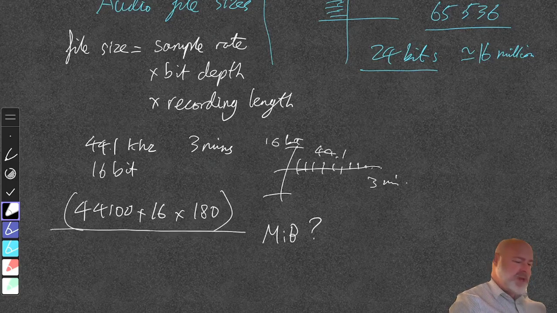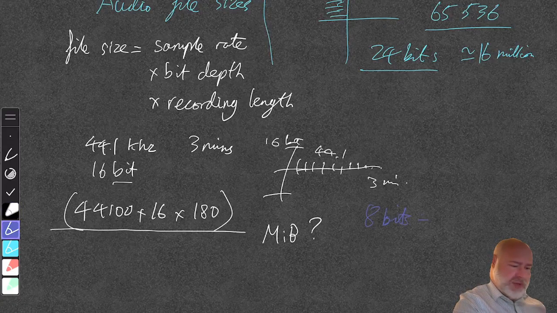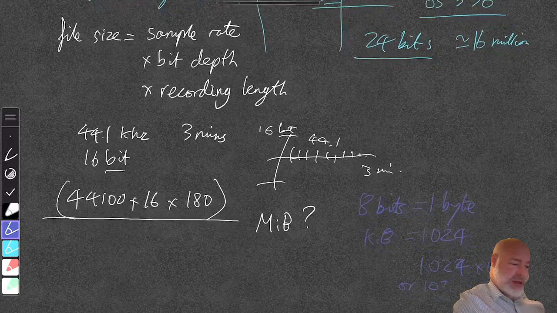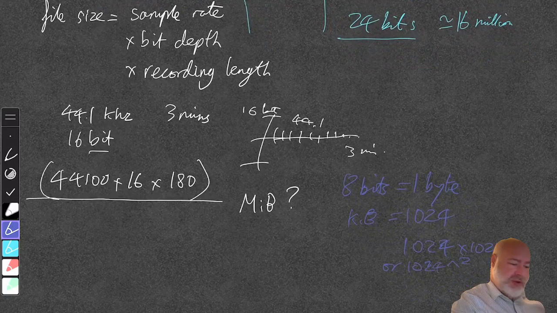Well, we've got bits so far, and we know that 8 bits equals 1 byte, and we know that a kebibyte equals 1024. And if we did 1024 times 1024, or you could say 1024 to the power of 2, we get our megabyte.